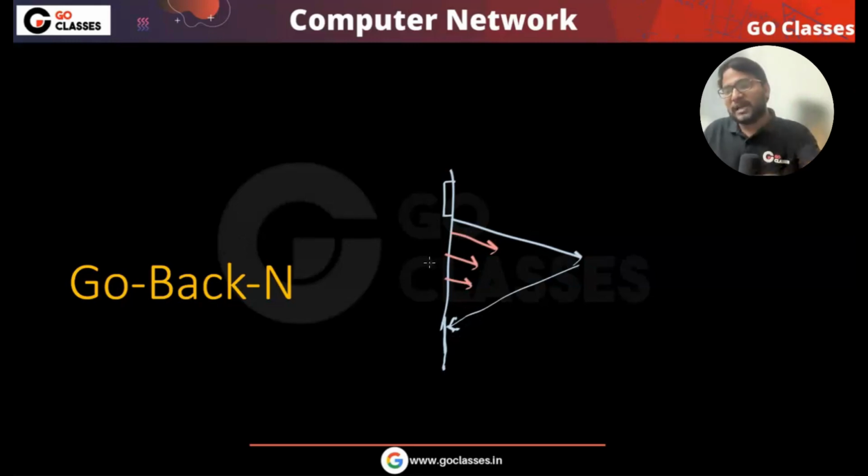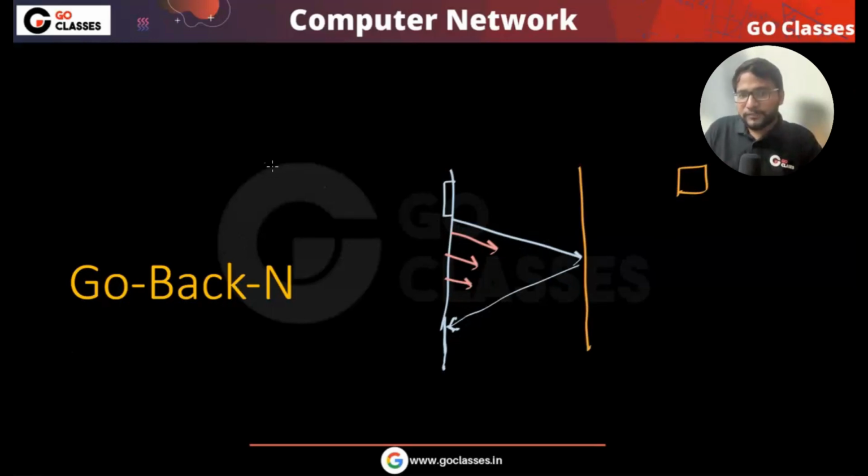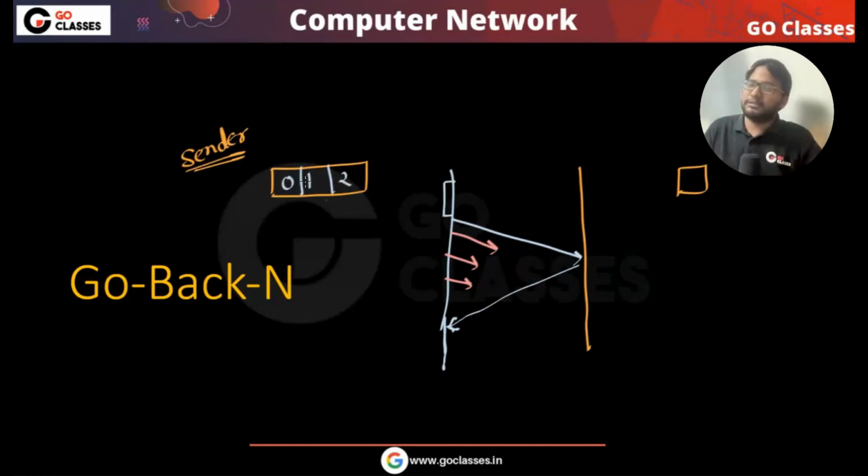I mean, that's what the sliding window protocol says, but go back n says that you can send multiple frames, but the receiver will be waiting just for one frame. So there is something called window size. The sender window size could be multiple frames, I mean, the sender can send multiple frames here. Maybe frame number 0, frame number 1, frame number 2, something like this.